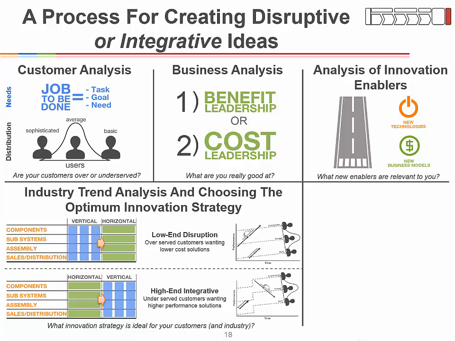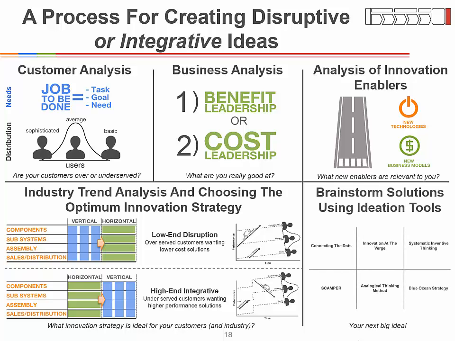So it's important to think through these things and think, what innovation strategy is ideal for your customers and your industry? And then finally, as you come up with this picture of the market and your industry and your customers, then the last thing is brainstorm ideas. Use many of the ideation tools that are out there, and I've got many on my website. Connecting the Dots, Innovation at the Verge, Systematic Innovation Thinking, SCAMPER, Analogical Thinking Method, Blue Ocean Strategy.